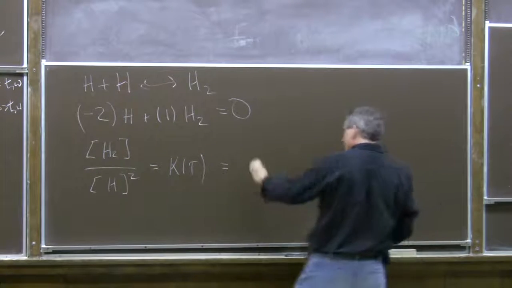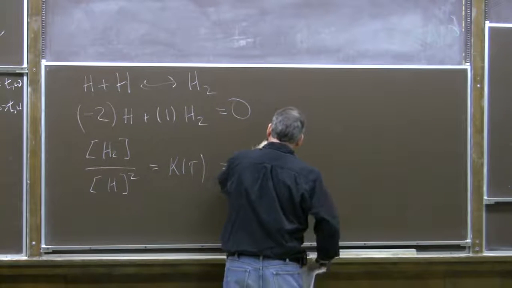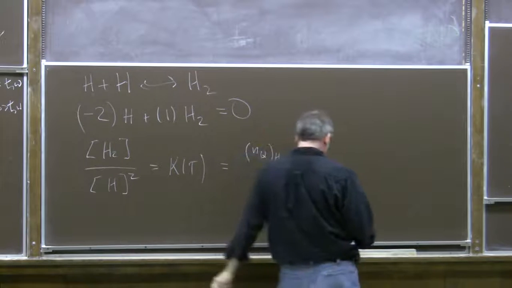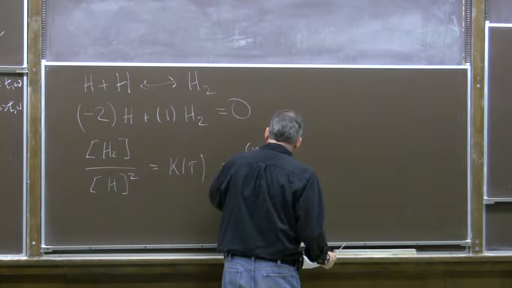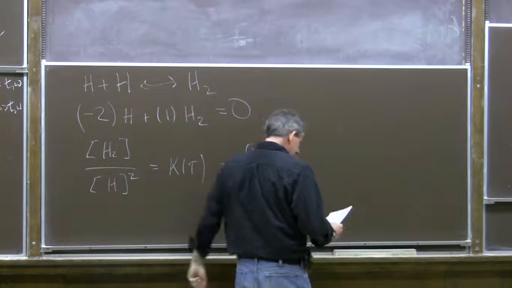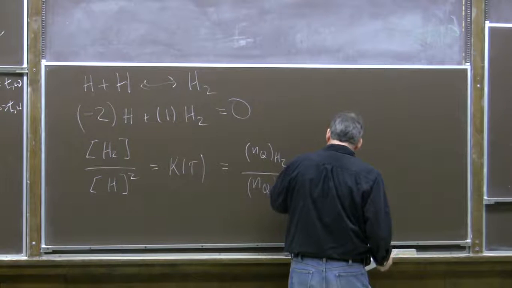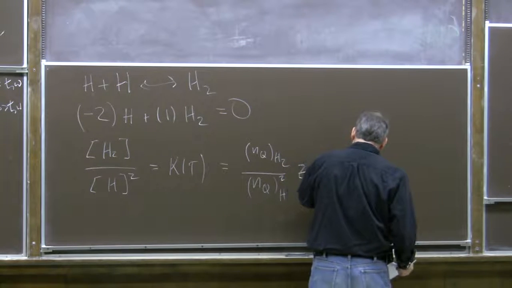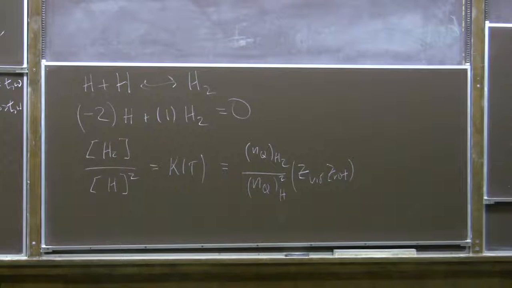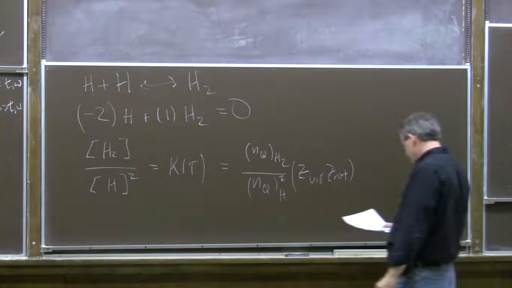And so there will be a factor of quantum concentration for molecular hydrogen divided by quantum concentration for atomic hydrogen squared. And there will be a vibrational and rotational partition function factor, but only for molecular hydrogen, because there are no vibrations or rotations for atomic hydrogen.